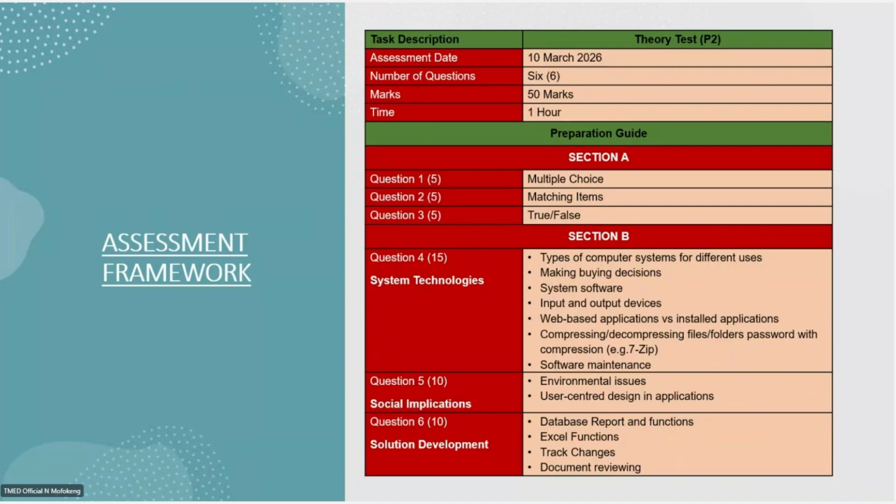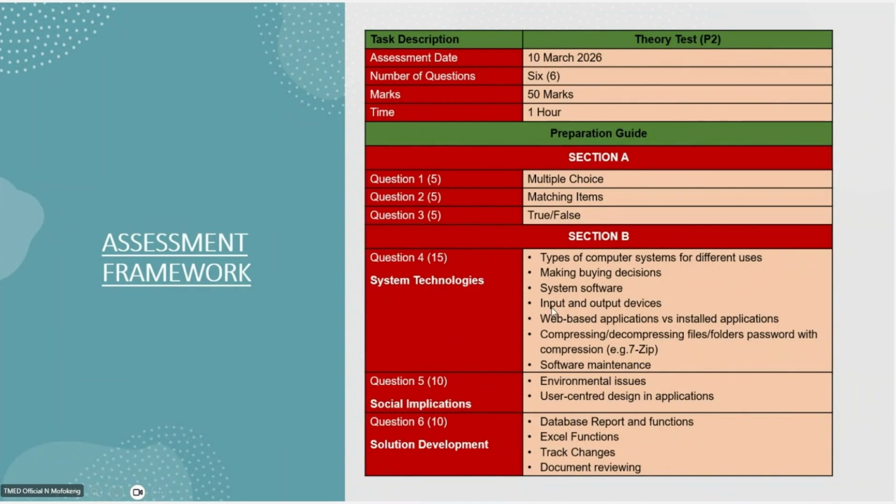As I was making an example with the devices for maybe a user who is blind, ensure that when you are required to give examples of the devices for a particular user, you give examples that will be actually relevant to that particular user. So, different input and output devices for different users, or the specific purpose of actually using those particular devices.